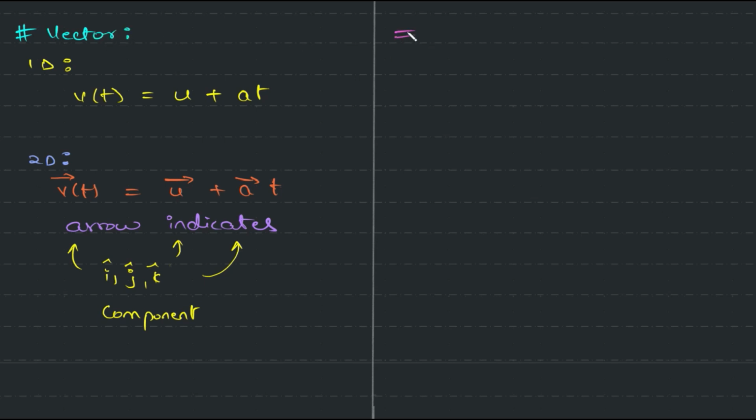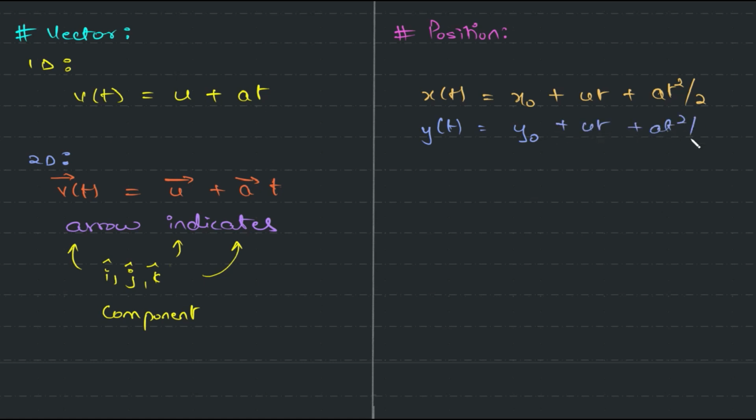When it comes to your position, you have your x of t or y of t. So I'll write x of t first: x naught plus ut plus half at square, while your y of t will be y naught plus ut plus half at square.